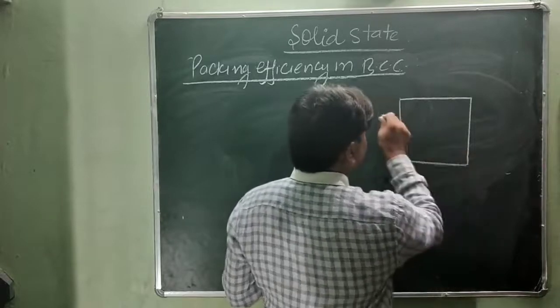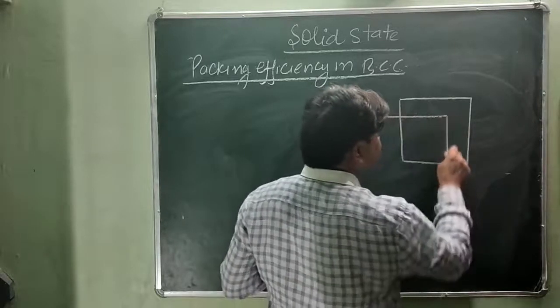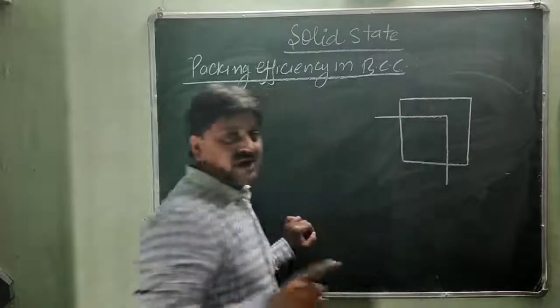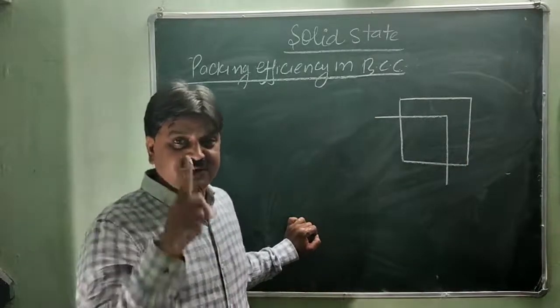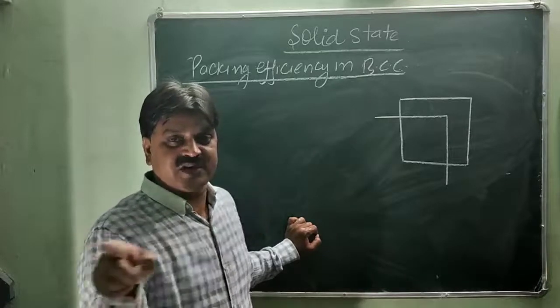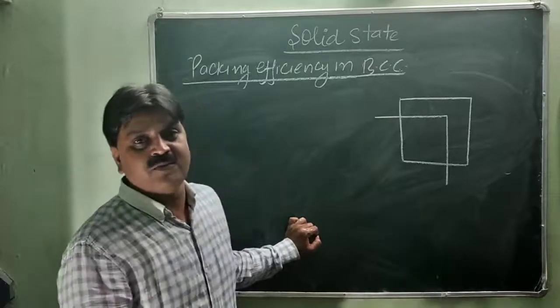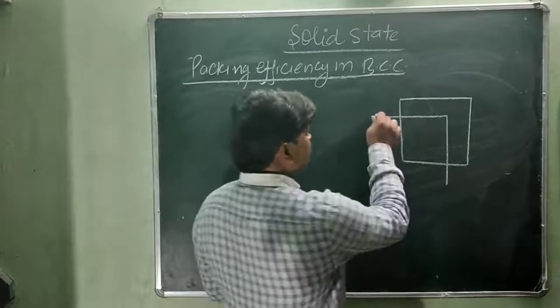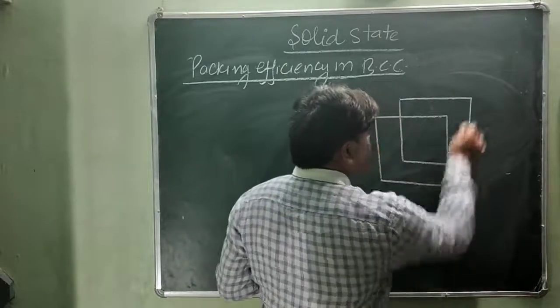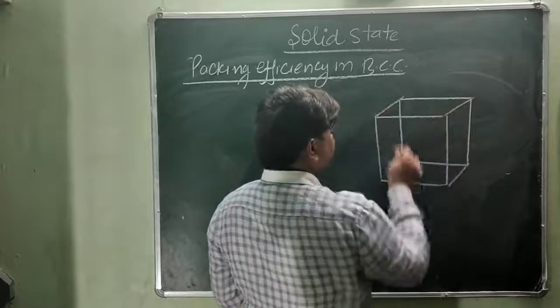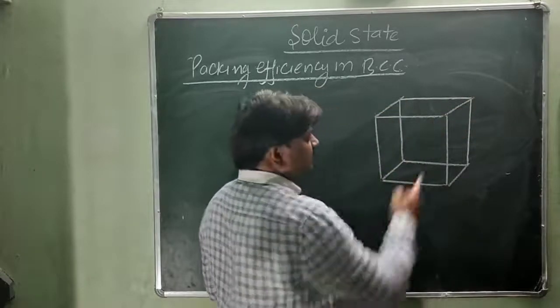In case of BCC, atoms are not only present at the corner, atoms are also present at the body point. Body point means the imaginary point which is the intersection of the diagonals of the cube. So in this case, the atom is not present only at the corner, the atom is also present at the body point.